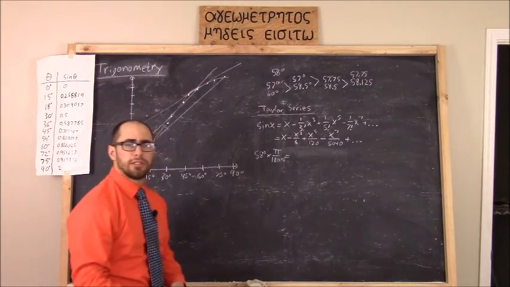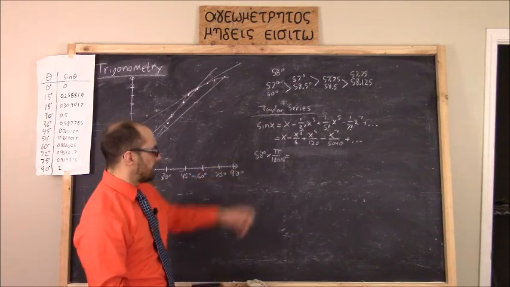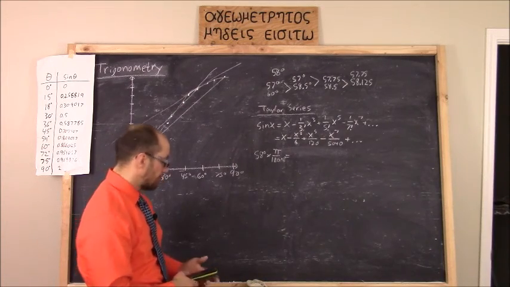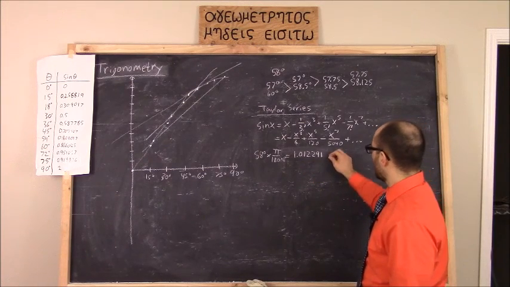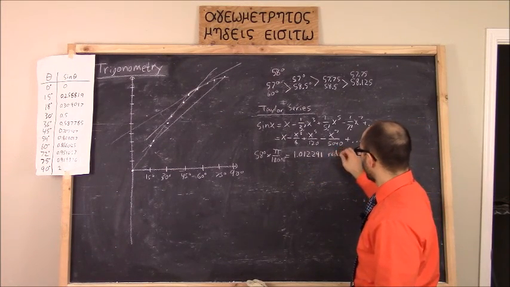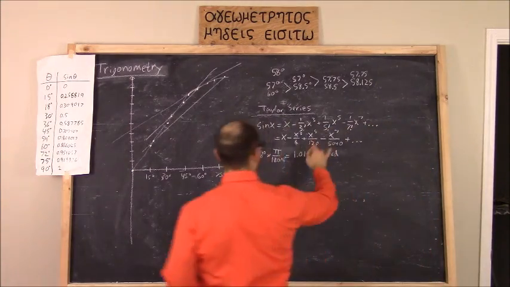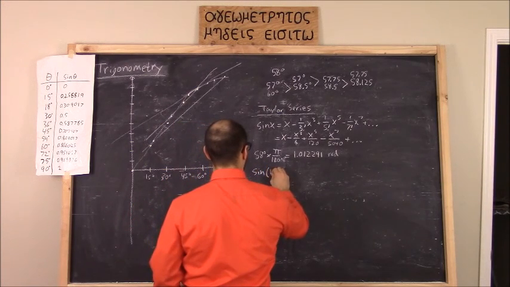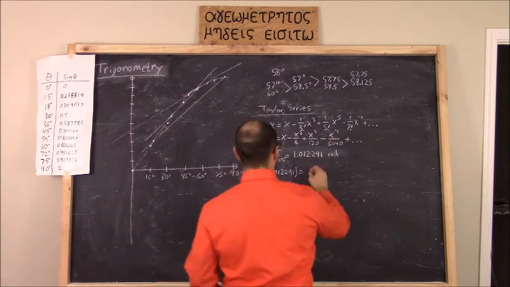In order to use the Taylor series, we need to convert to radians. So 58 times pi radians for every 180 degrees is equal to 1.012291 radians. That's important. So now if I were to plug that into this equation above, sine of 1.012291.